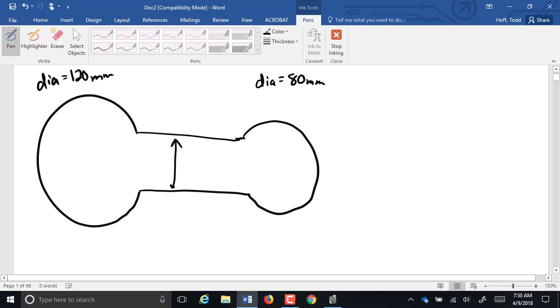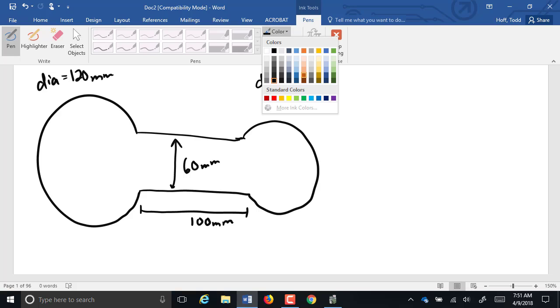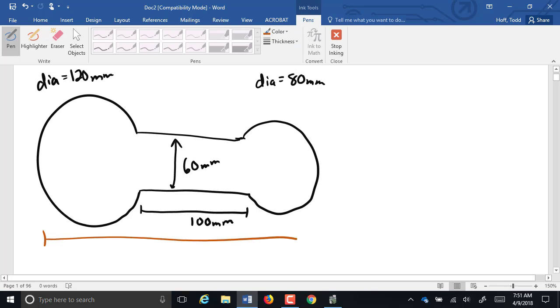This, we're going to call 60 millimeters. From here to here, we're going to call 100 millimeters. I want you to find X and the area.